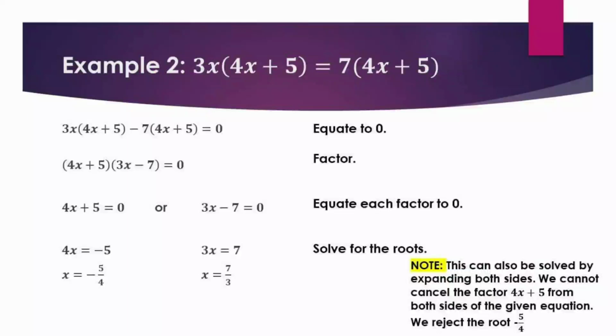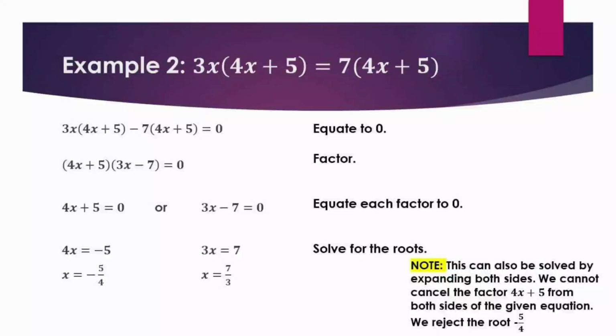Recalling your concept for grade 8 math, we can just have 4x plus 5 as the common factor. Then, we will have 3x minus 7 as the other factor equals 0. Equating both factors to 0, we will come up with 4x plus 5 equals 0 and 3x minus 7 equals 0.